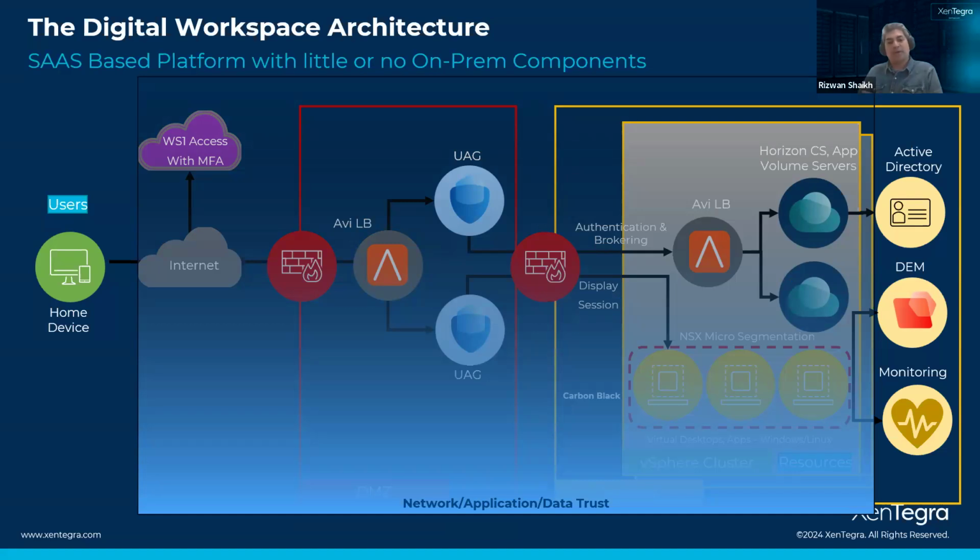When you define the application or data trust, you enroll the device, define all the DLP capabilities, configure the complete virtualization solution at the data center, and you have an enrolled device, which is a managed and visible device trying to access the virtualization platform.